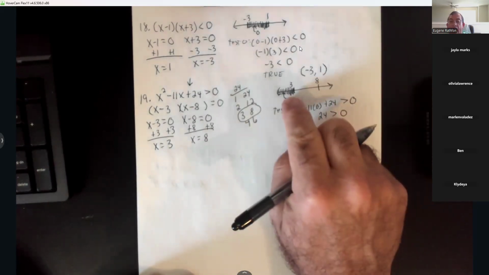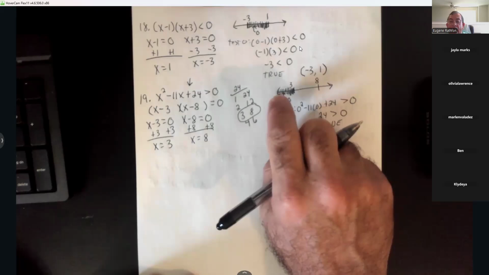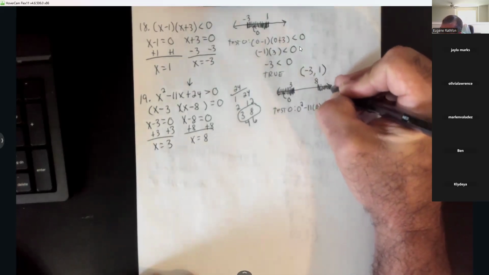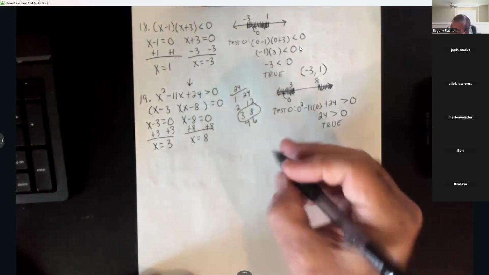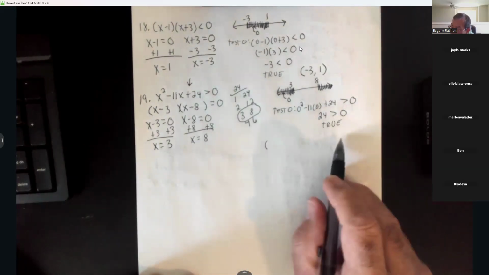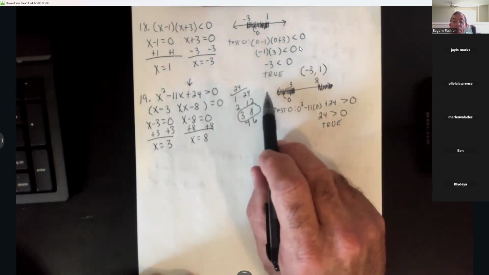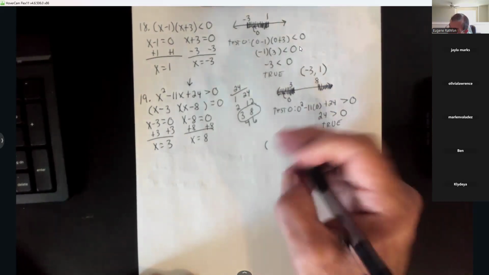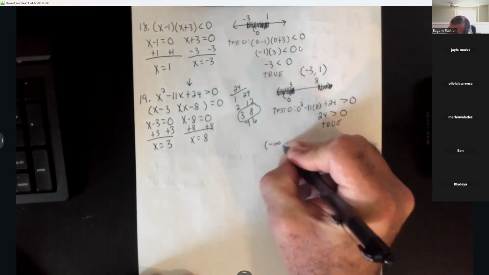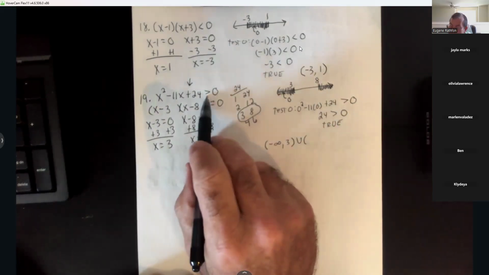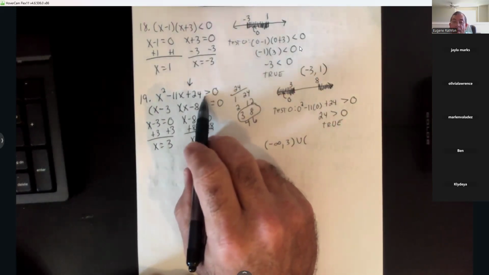And y'all remember, anytime you shade the left side, you automatically got to shade the right side, which means this interval is going to cover all the stuff on the outsides. You're going to go from negative infinity to 3, union, and remember, these are parentheses because there's no equals under that.